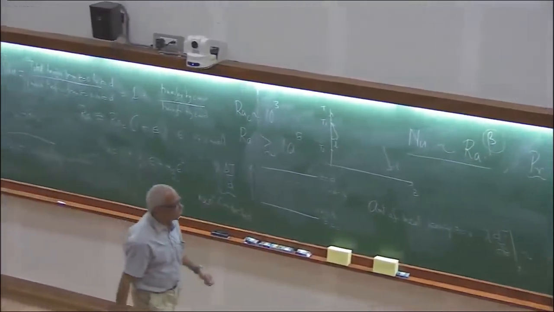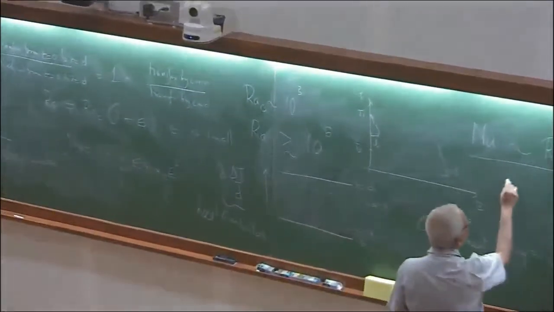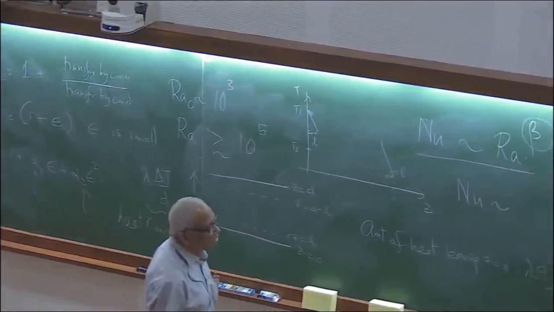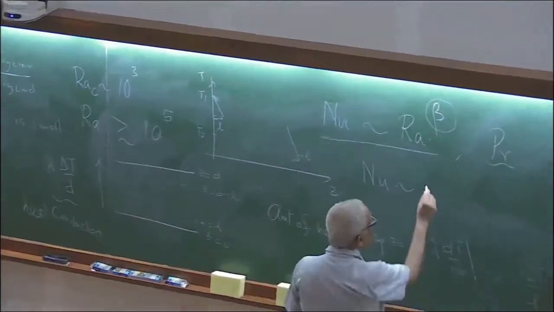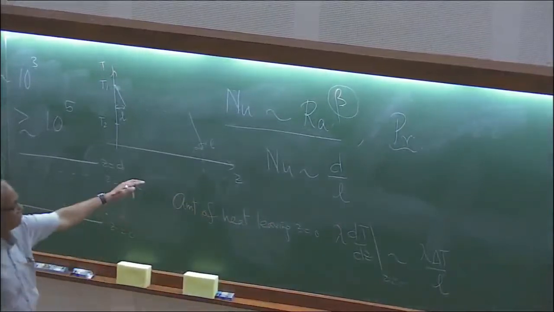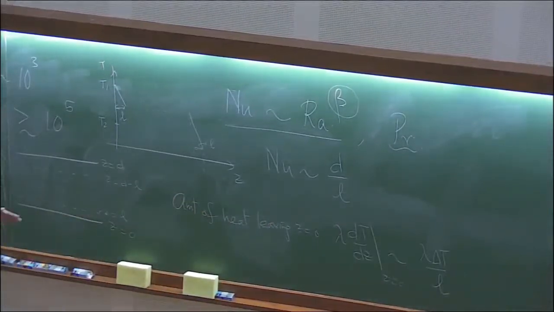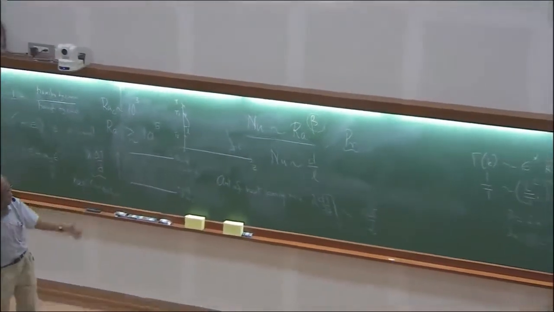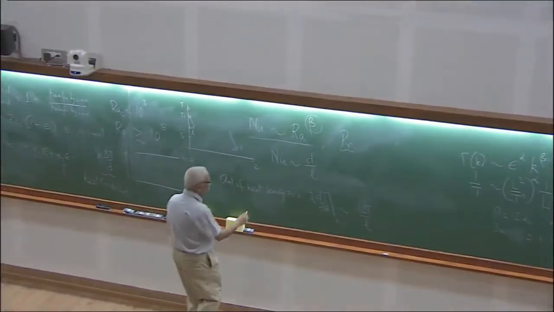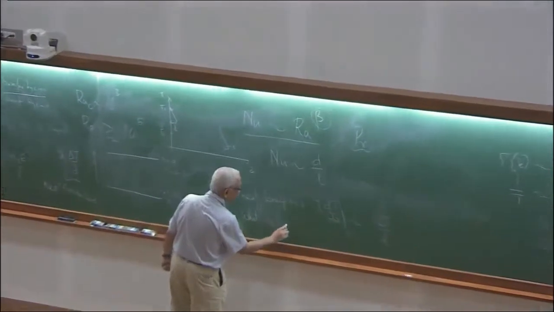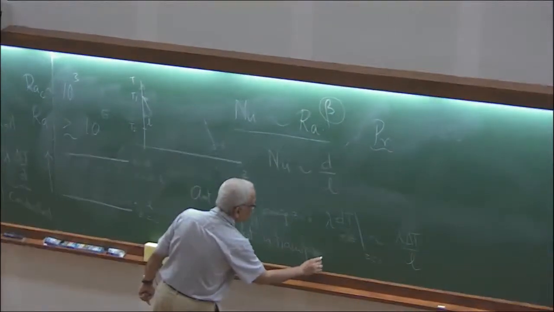So that tells you that I can get the Nusselt number by calculating d over L. What is leaving over here has to get over here, so that's straightforward. What is leaving is equal to what is transferred from top to bottom.